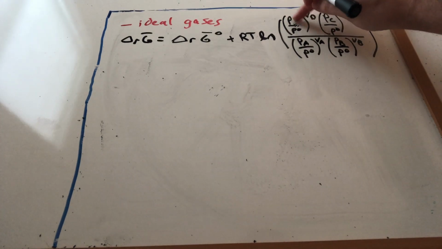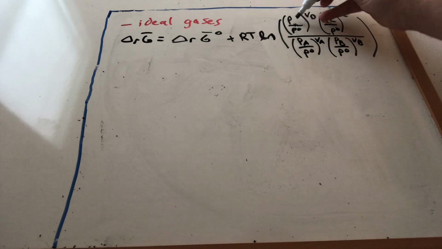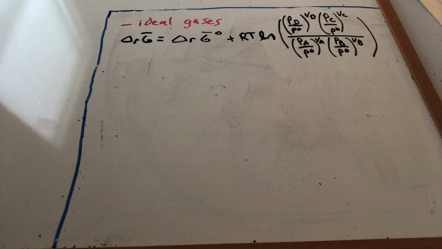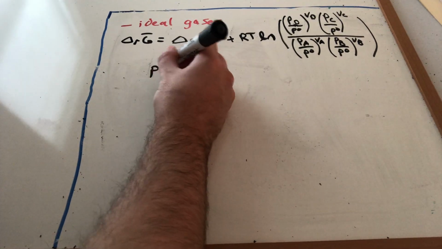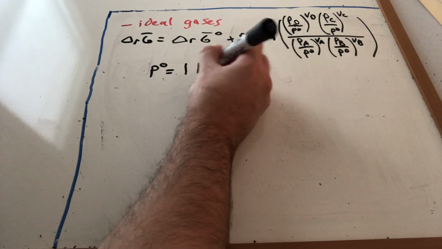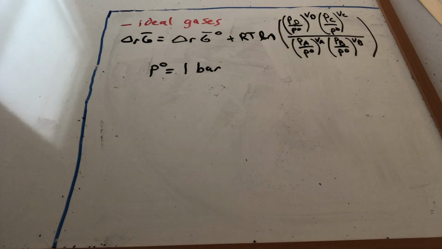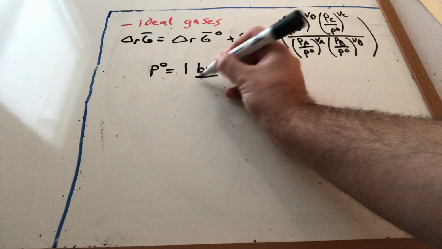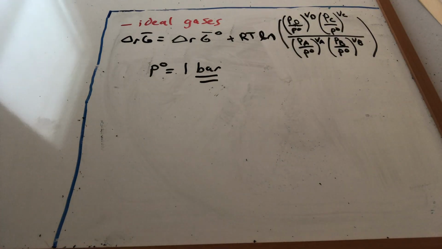There's one other simplification that we make in general. We remember what P naught is. We remember that P naught is 1 bar. So when I'm dealing with pressures inside here, if I just remember that they're in bar, then I can drop the P naught.